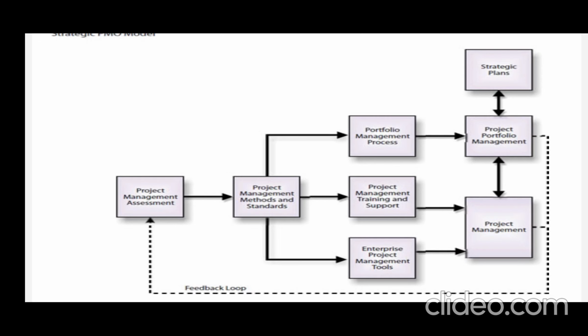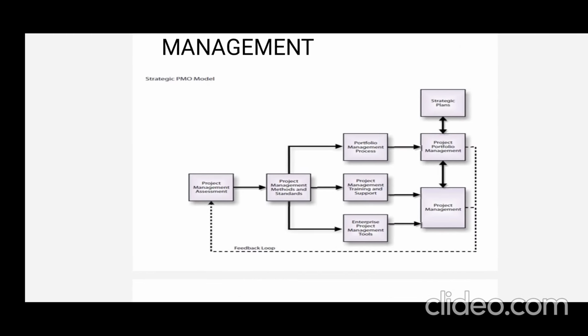These are combined and give feedback in a loop to connect again with project management. In each iteration, it gives some improvement over the assessment, showing which objectives are met and not met by following the different kinds of standards and methods.